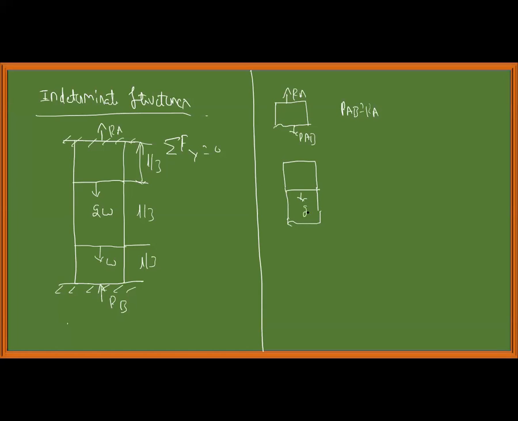We need to find the reaction forces in this problem. This is 2W, sorry. This is RA. Therefore, this will be PBC. Positive force is force acting upwards. RA minus 2W minus PBC is equal to 0, or PBC is equal to RA minus 2W.